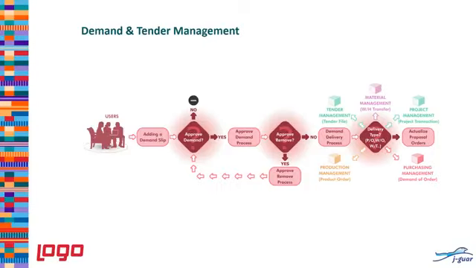Now, demand and tender management cycles, as you can see, first of all, the users from different departments are entering their requirements. These are gathered or approved by responsible people depending on the access rights, and the demand process comes into line. So the procurement department collects all of them into the pool and starts procuring them.